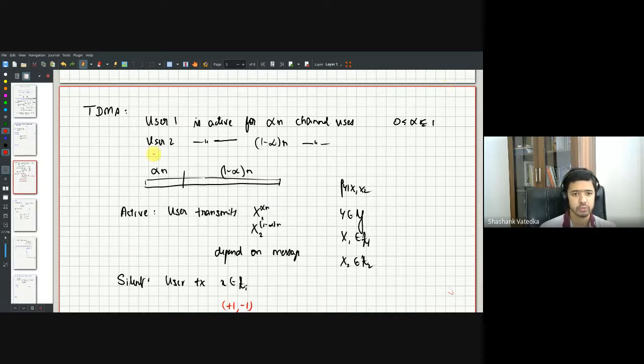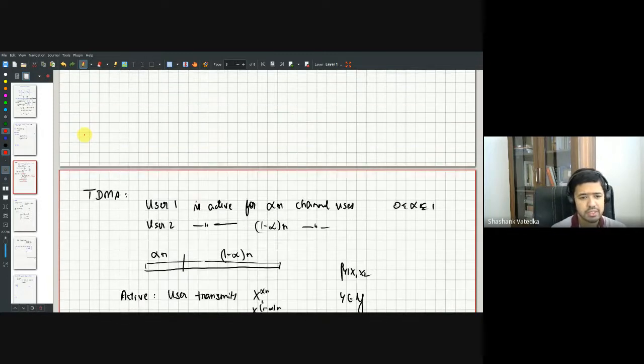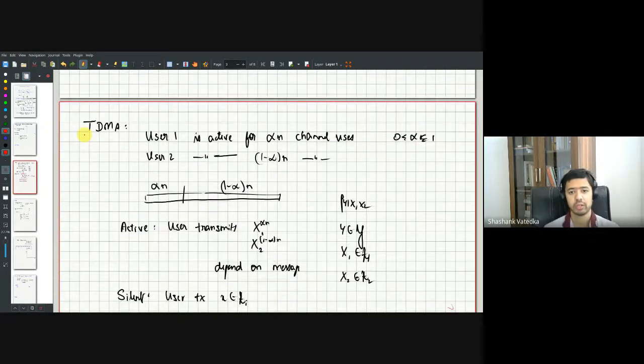All right, so more generally, I will call this TDMA, time division multiple access. We'll see that it is a little different from what I call a time sharing scheme, because a time sharing scheme will generalize TDMA. TDMA refers to that scheme where one user is active, by which I mean that it transmits a code word which depends on the message, whereas the other user is silent.